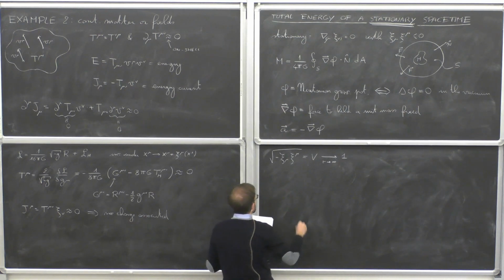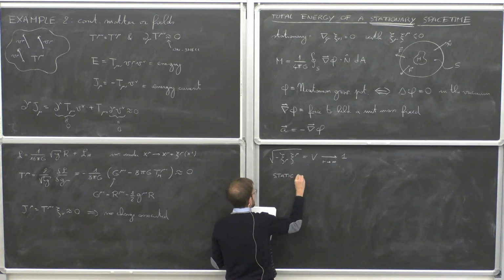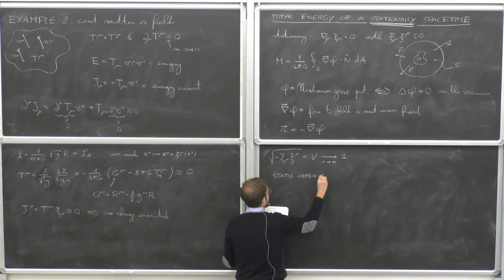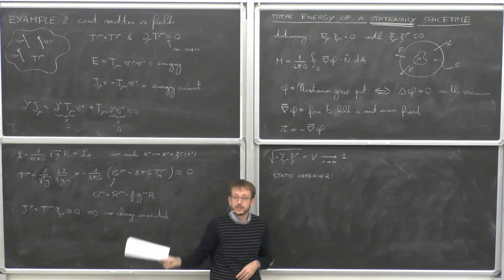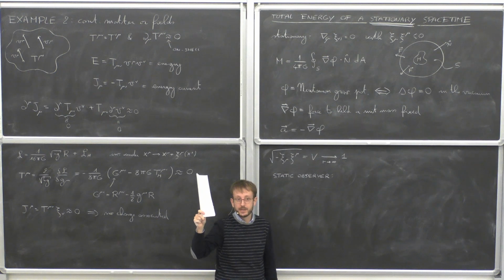And in this context, a static observer is simply an observer whose four-velocity is aligned with the Killing vector, with the time-like Killing vector.